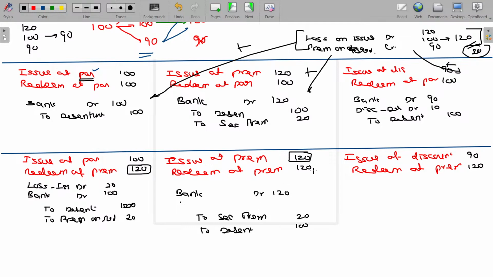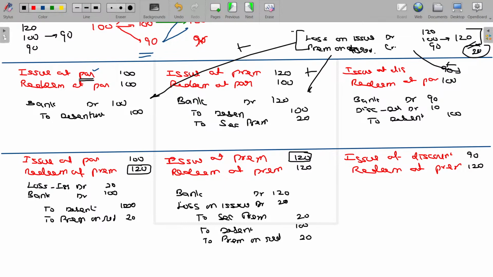But you are supposed to redeem at premium, so you are going to face a loss on redemption. Then add this journal entry: loss on issue of debenture, debit. But this loss you will be paying not now, later on, so it is not transferable to the P&L account. It will be kept as a reserve account. That name will be premium on redemption, the value being 20.